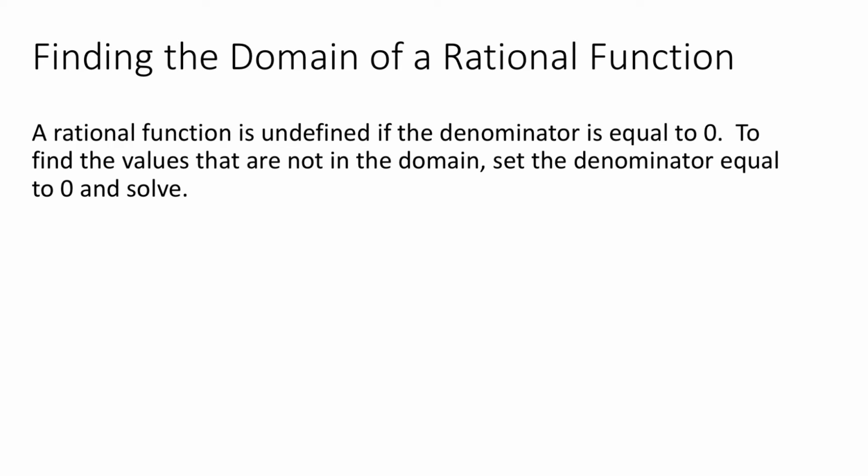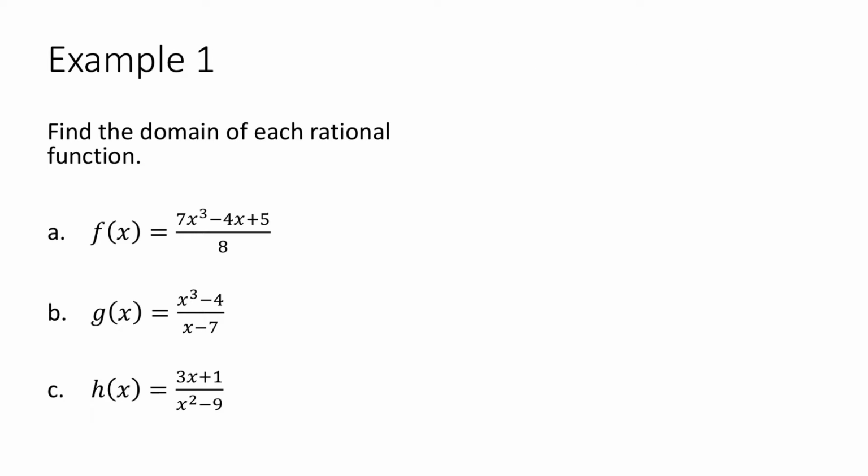So let's take a look at an example. Here we want to find the domain of each rational function. I'm going to start with a. My denominator is 8. If I set 8 equal to 0, well, there's no variable in the denominator, so this can't be the case. There's no values of x that would cause the denominator to equal 0.